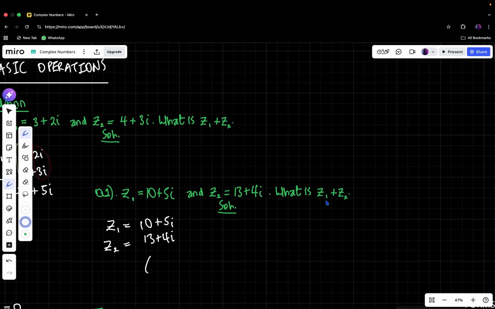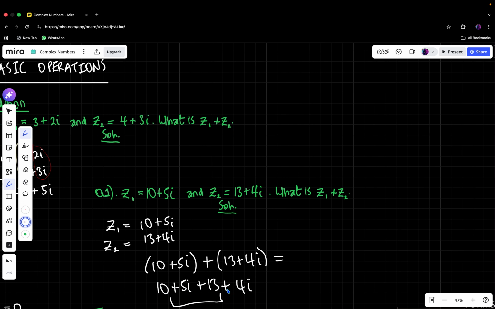If I write z1 plus z2, you are simply saying 10 plus 5i plus 13 plus 4i. If we remove the brackets, it's still the same. Add up the real to the real: 10 plus 13, 23, plus 5 plus 4, 9i. This is your final answer.